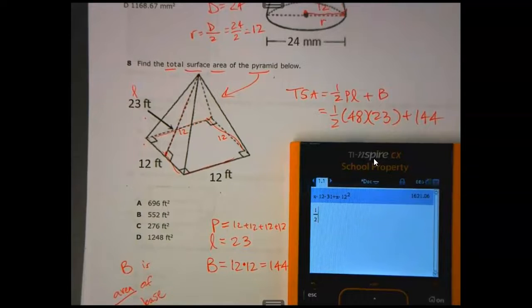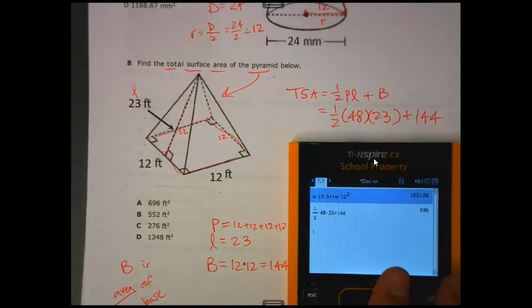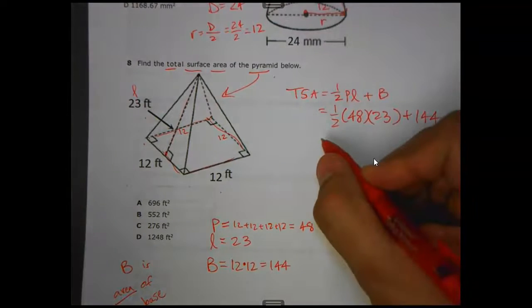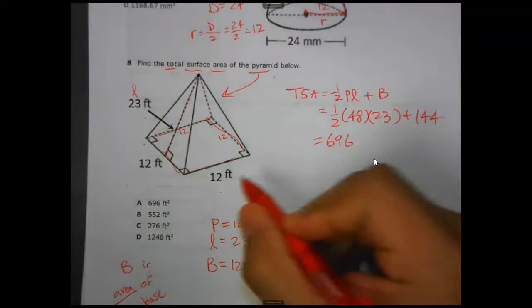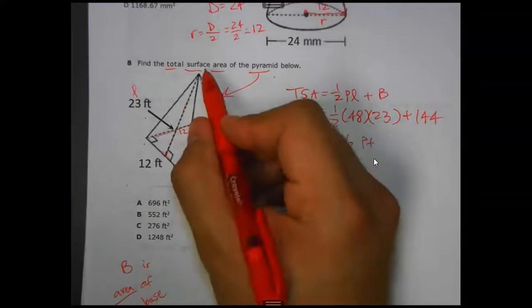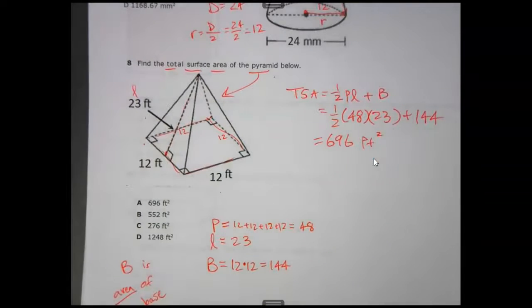That's how you do 1/2. 48, 23, plus 144. I get 696 when I plug that in. Now, 696 is measured in feet, and since we're talking about surface area, it's going to be squared.